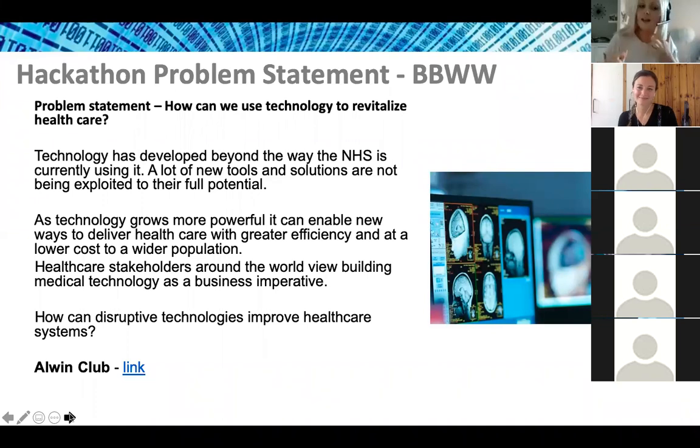Now, they had this app implemented way before coronavirus. It was something that they already had. What kind of technologies do you think the NHS could have to better use the funds that we have, but also make things more user friendly for the people that are using the NHS?